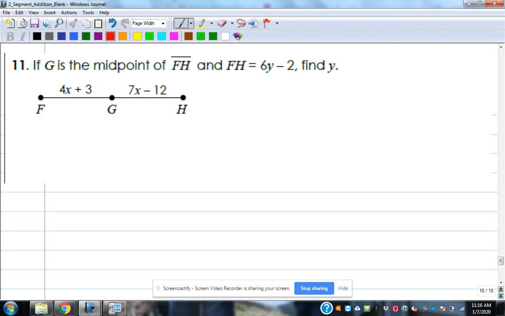So how can I find y for this problem? I think we can all do this, but I need a vocal plan of how we would do that.